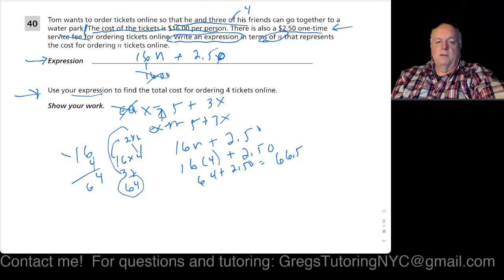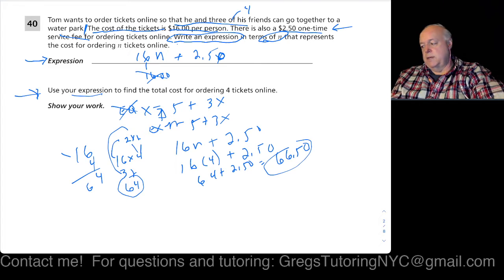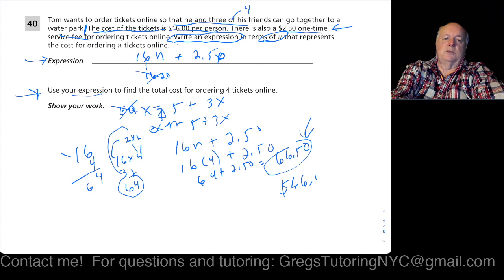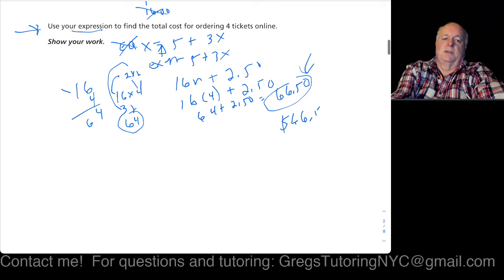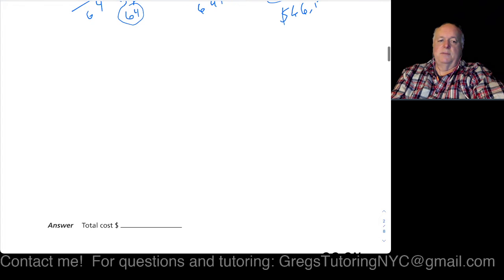Run it through, read the question again, and see if any of that makes sense. In this case, we want to add the 0 back because it's in dollars and cents. So I'm going to write $66.50. We check that the answer is supposed to be in dollars by looking at the answer. Yep, total cost is that.